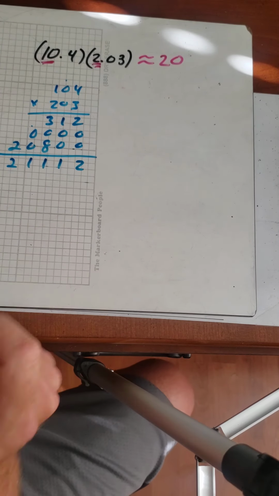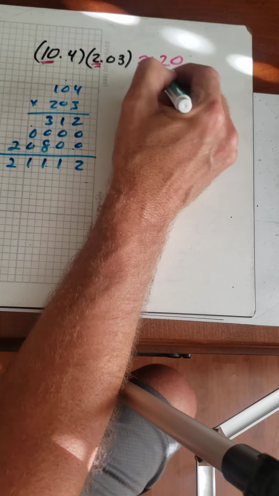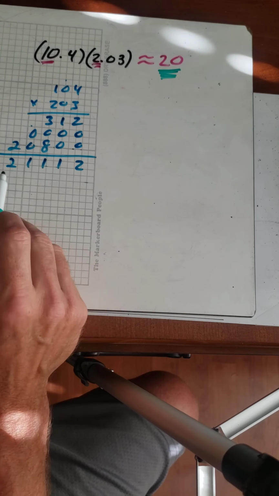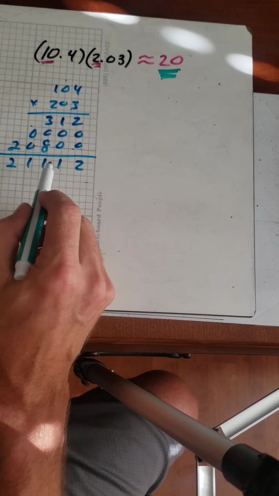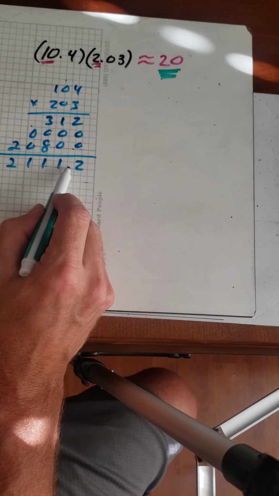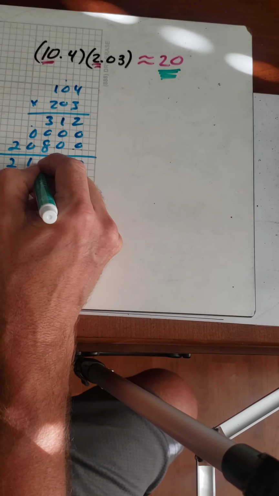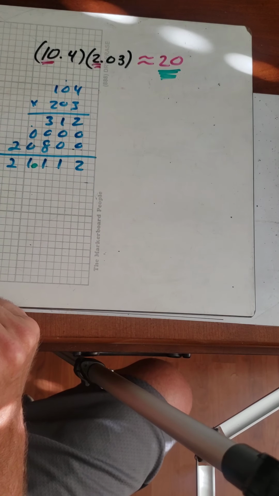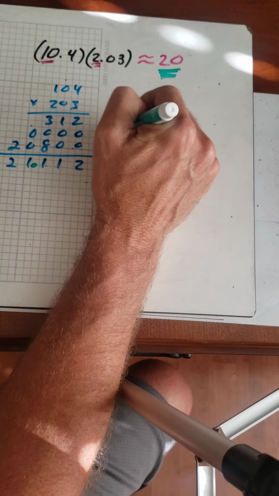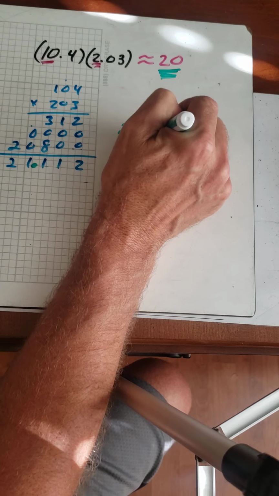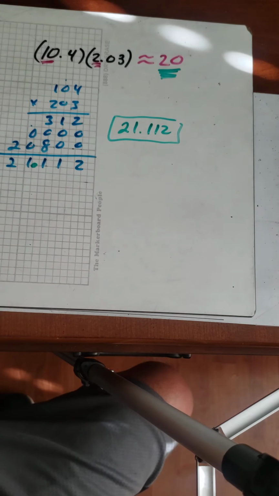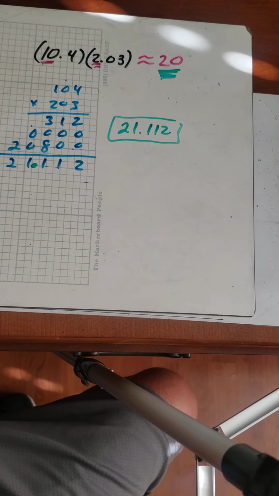And then my last thing is put my decimal point in so it's as close as I can get to 20. And I see that if I put it right here, it's 210, that's 2,000, that's 2, but right there is 21.112. So the answer is 21.112. And that is how I teach multiplication of decimals.